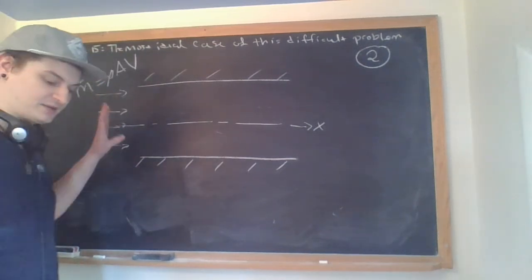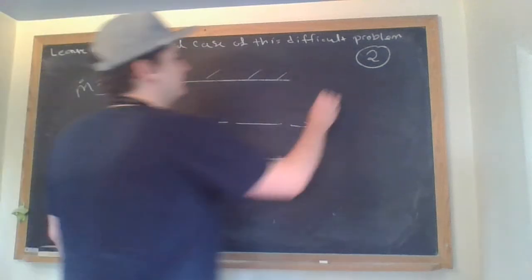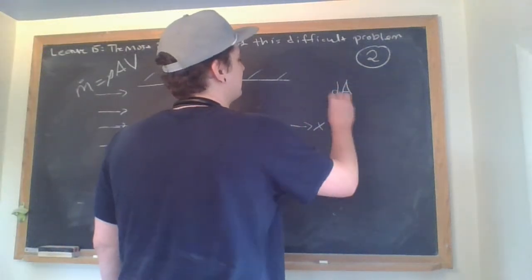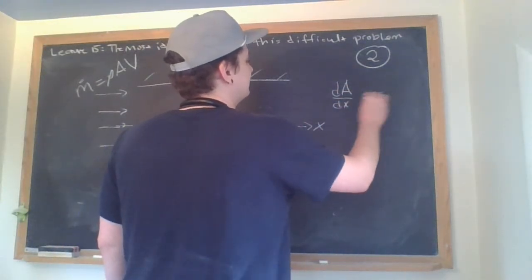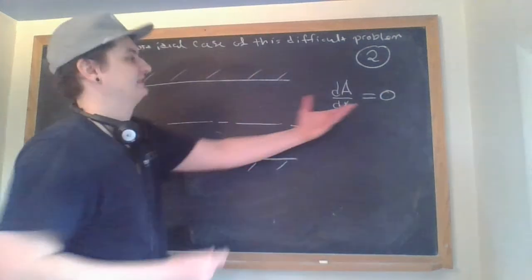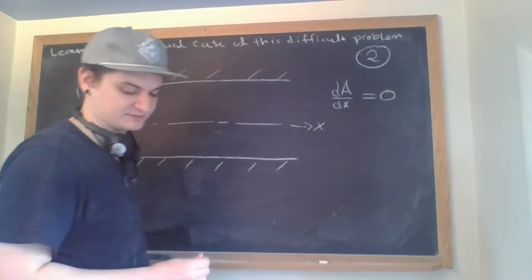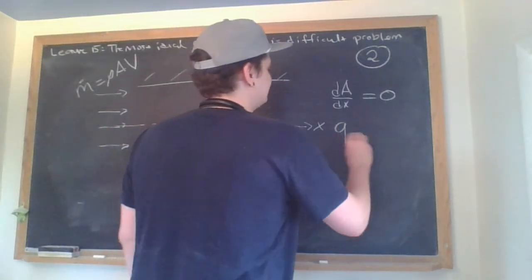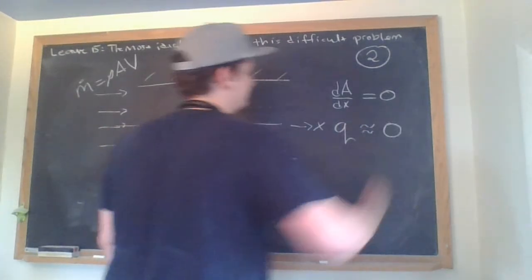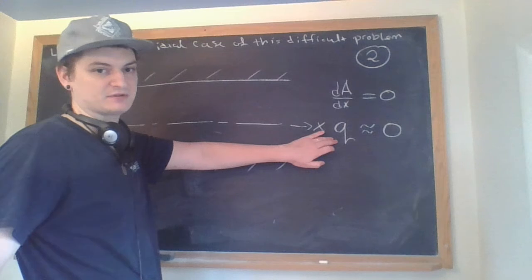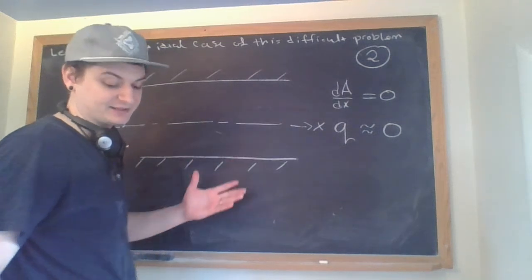So same setup here, only now our assumptions change because we know that dA/dx is effectively zero. If it's a rough wall, it could be different, but I'm saying really the total derivative is about zero. Same idea that effectively no heat transfer is happening, adiabatic still.